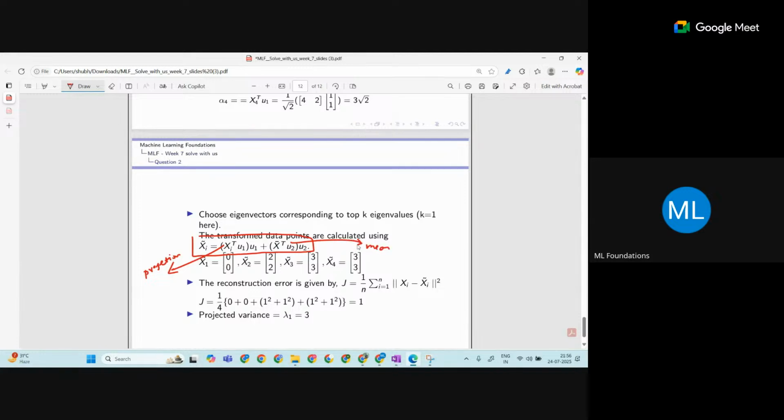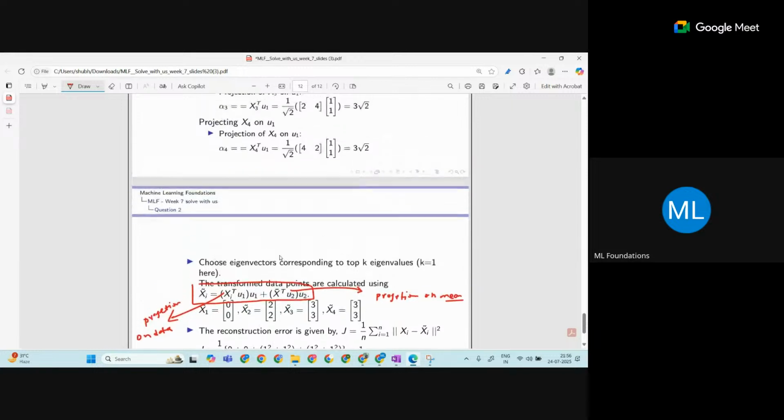Because the mean is there, we are projecting on the mean as well. Both are projections, but it is best to say projection on data and projection on mean. This is exactly the formula.